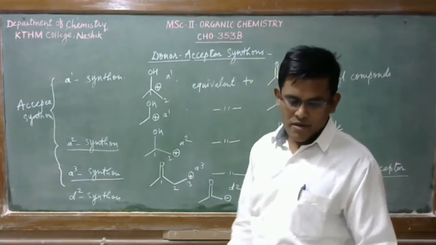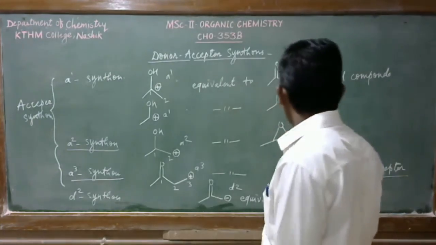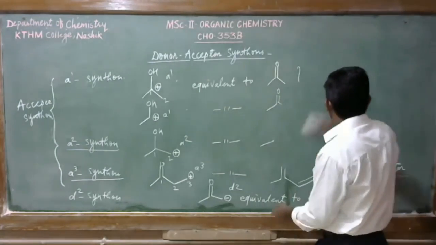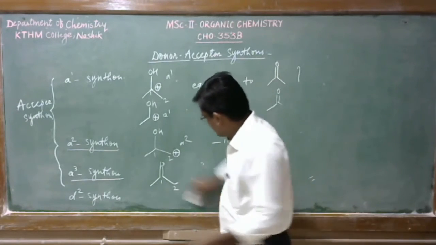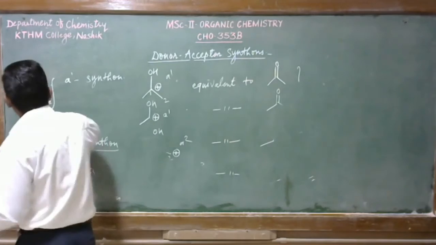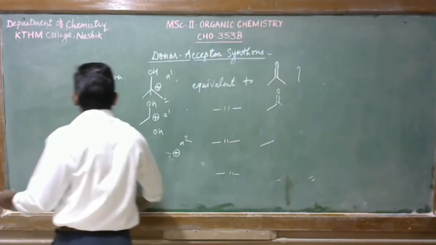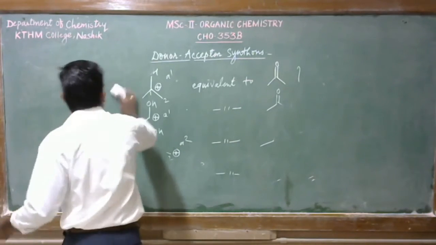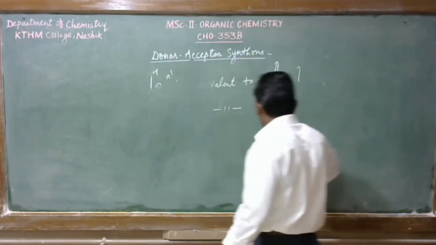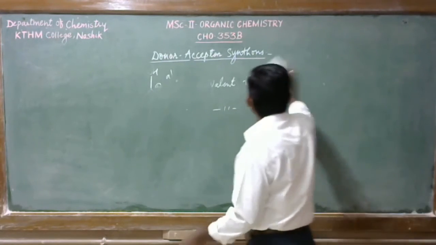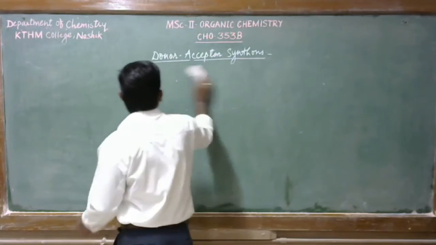So let us have another topic, that is two group disconnection. We have already seen two group disconnections, but in this case we are going to see the two group disconnection with 1,3 difunctionalized compounds.